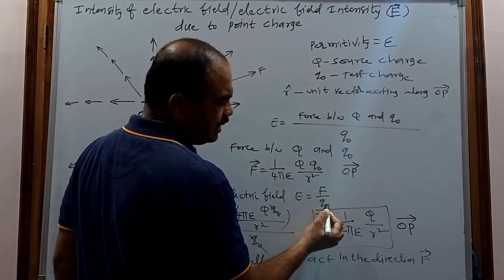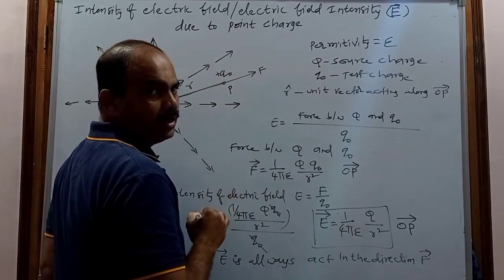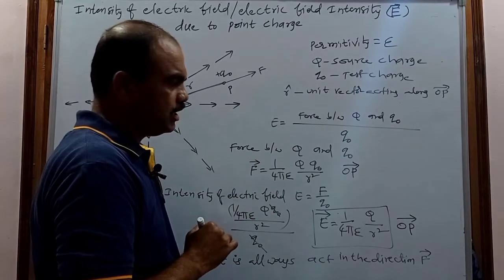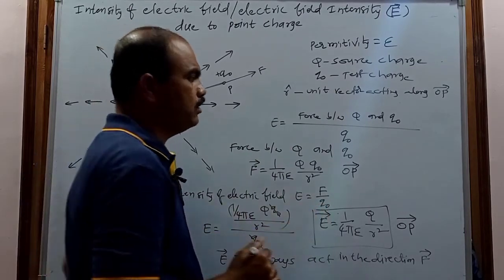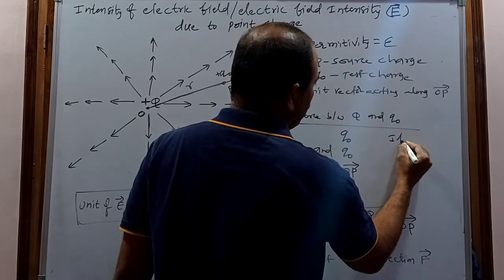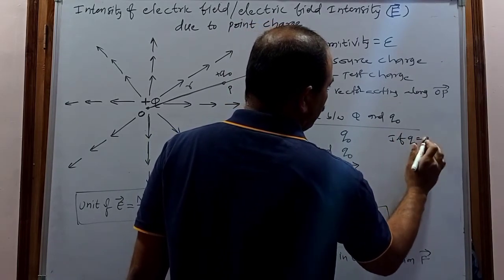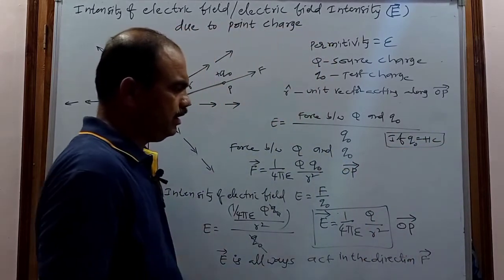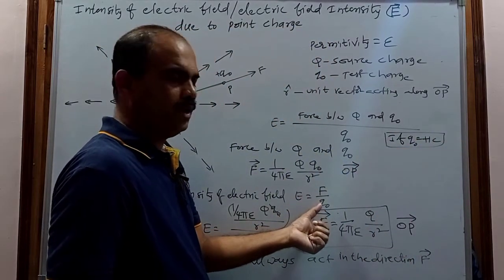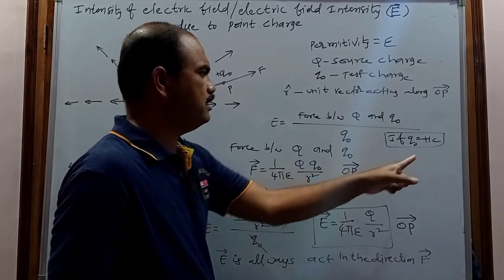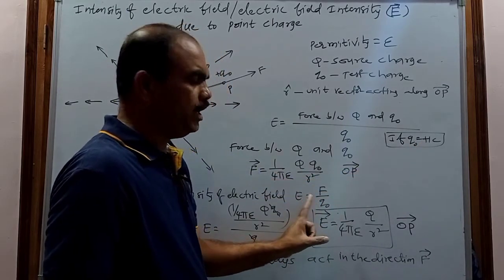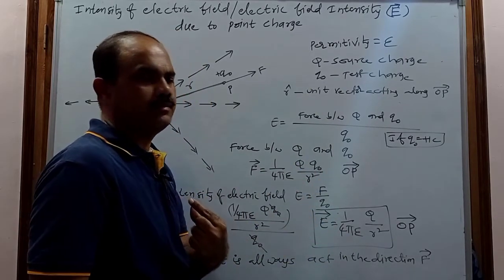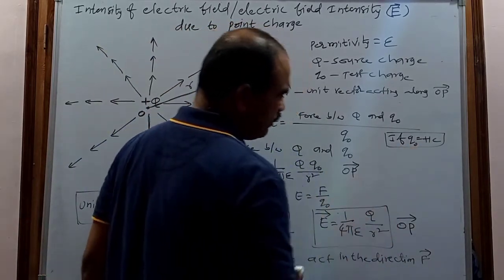And now come to the definition. If I take the test charge as 1 coulomb, which is the unit test charge, so Q naught equal to 1 coulomb. E is equal to F by Q naught, and when I substitute 1 in place of Q naught, what you get is E equal to F. The force is the electric field intensity. So what is the definition of electric field intensity?